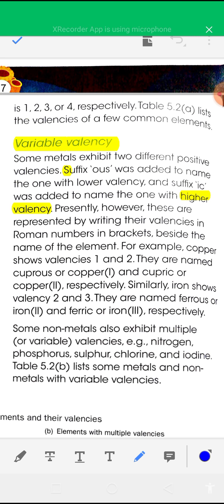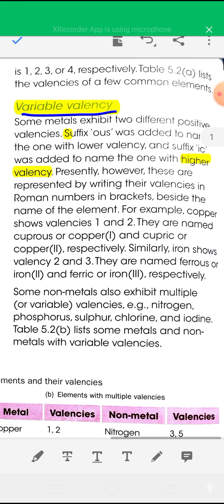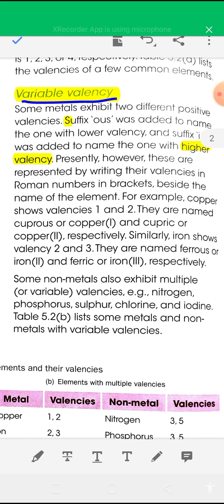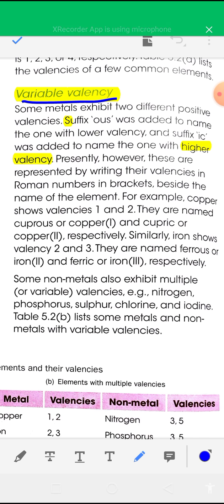Now see, variable valency. Variable valency means some elements can exhibit more than one valency, and this is known as variable valency. For example, Fe can show two types of valency. One is Fe2+, that is 2, and the other is Fe3+, that is 3. So Fe has two valencies, Fe2 and Fe3.